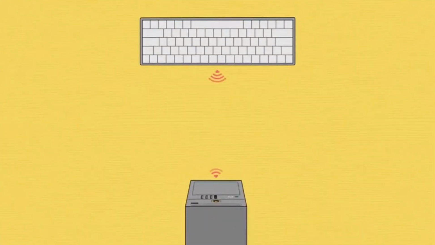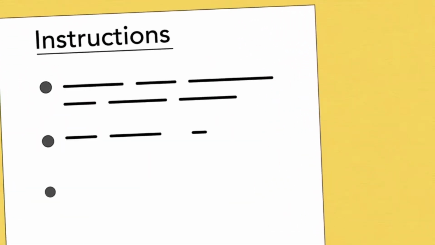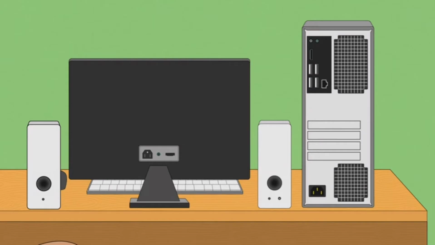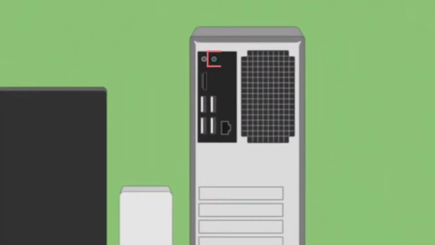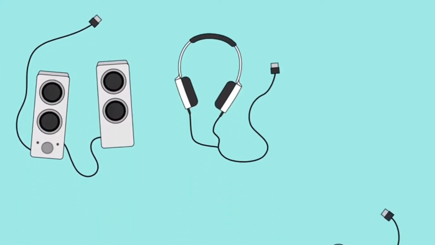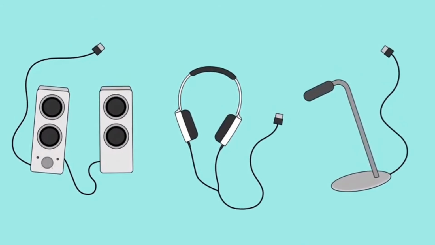You'll also need to pair the device with your computer before you can use it. You may want to read the instructions that came with your wireless device to learn more about pairing. At this point, you can plug in your speakers or headphones. If it uses a typical audio plug, look for the green audio port on the front or back of your computer case. However, some speakers, headphones, and microphones use USB connectors.